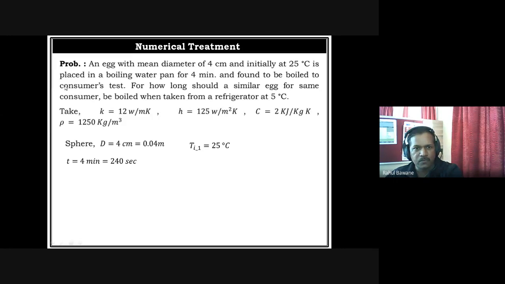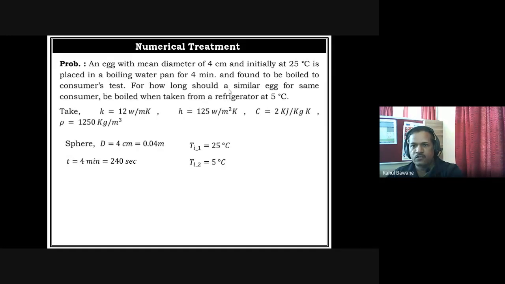So this particular consumer has a taste temperature; what is that taste temperature? When the 25 degrees centigrade egg is put into boiling water for 4 minutes, then after 4 minutes, whatever the temperature of that egg is, it is the temperature preferred by this consumer.